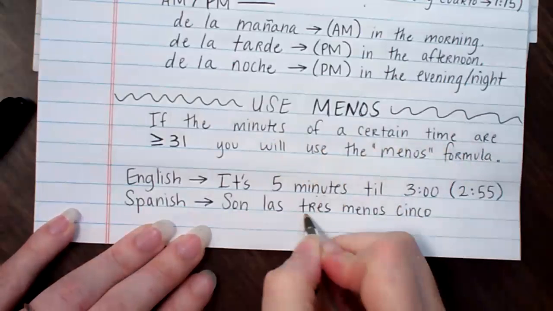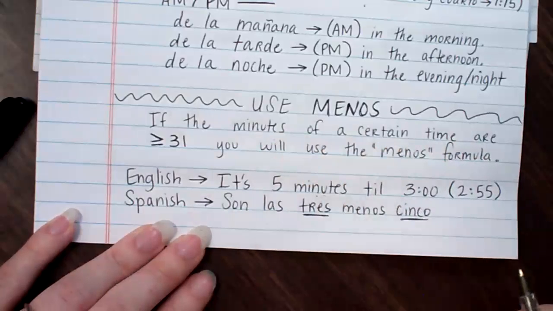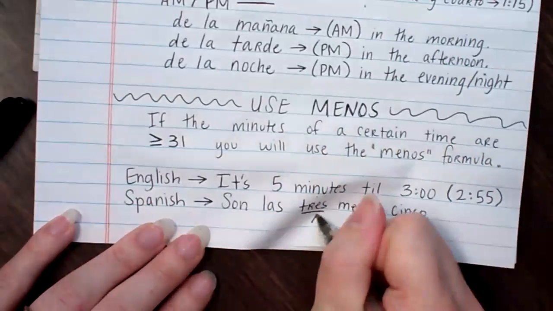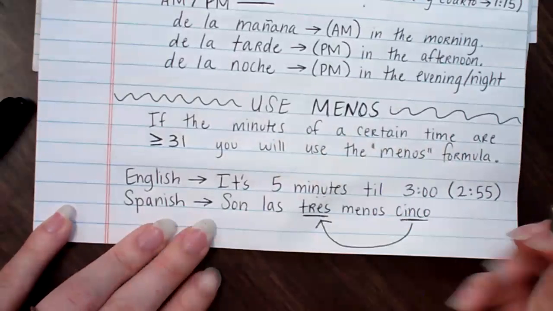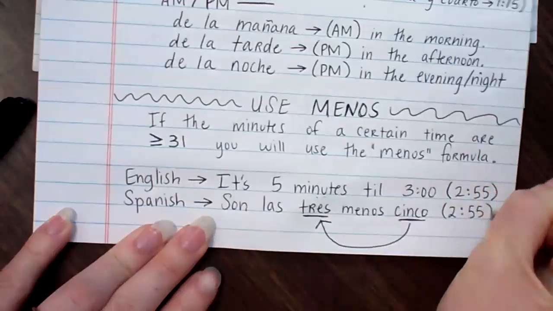So son las 3 menos 5. So this helps you. It's 5 minutes till 3. So that is also 2:55.